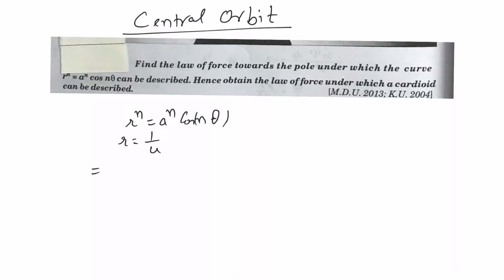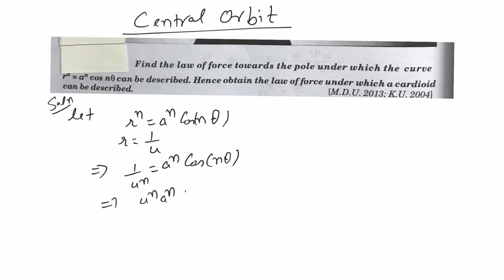This implies that 1/u^n = a^n cos nθ, implies u^n a^n cos nθ = 1. Since the power is n, it is always advisable to take logarithm on both sides. Now take the logarithm on both sides.